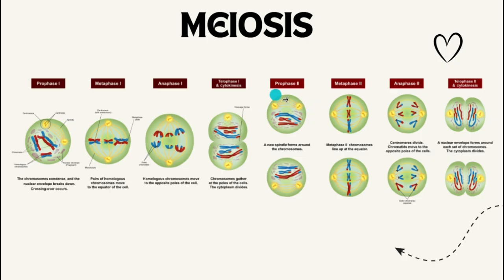Chromosomes become condensed, and the centromeres are going to separate to the opposite ends of the cell. In metaphase 2, the chromosomes line up at the equator. In metaphase 1, we had homologous pairs, tetrads, lining up at the equator, with 4 chromatids, 2 chromosomes. Here we have 2 chromatids and 1 chromosome lining up at the equator, and as you can see, in metaphase 2 they line up more vertically.